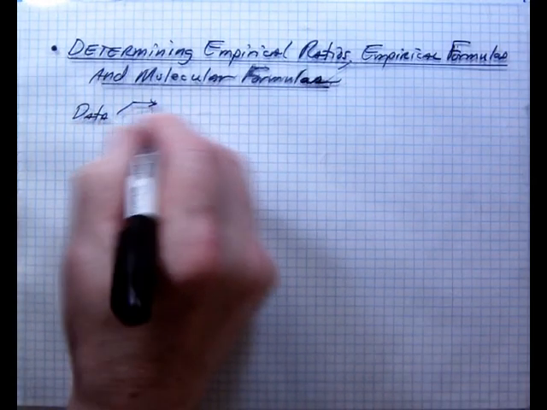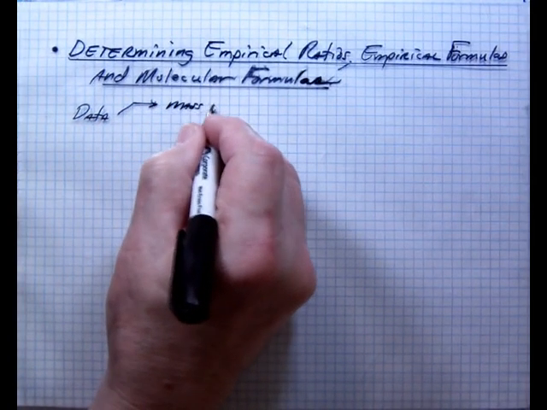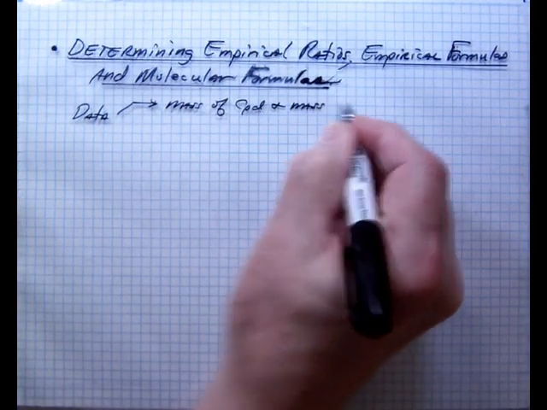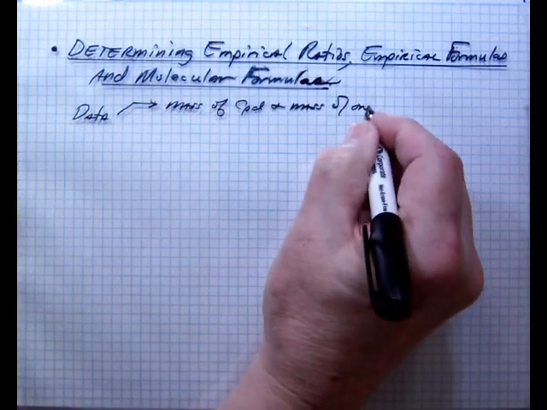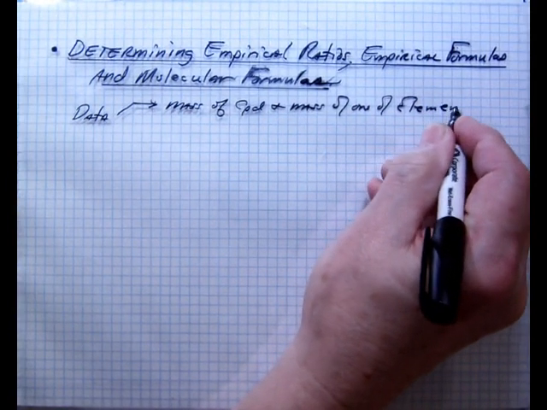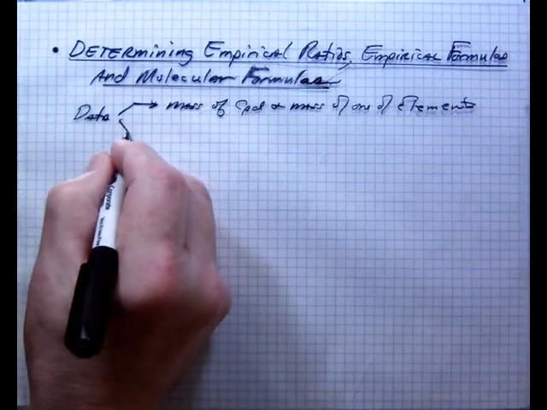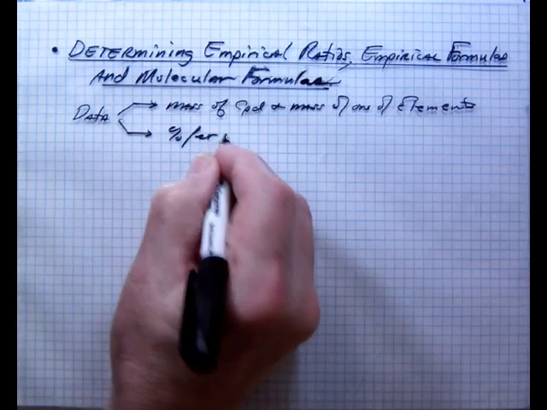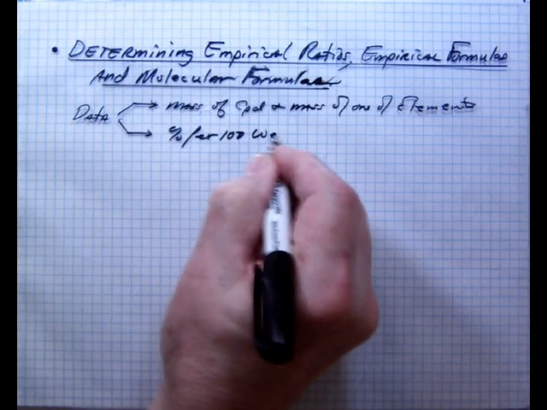Data will come to you in one of two forms. It will give you the mass of compound and mass of one of the elements. Or the data will come to you in percent per 100 weight.